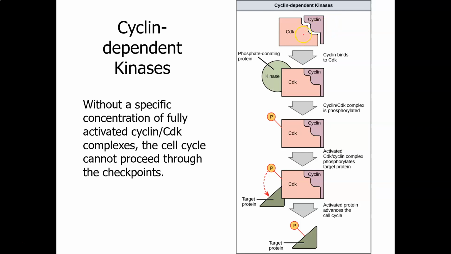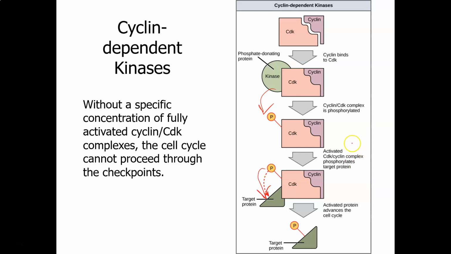Cyclin binds to CDK, cyclin-dependent kinase, and then a phosphate donating protein called kinase donates a phosphate to the CDK. And then that phosphate is added to a target protein.